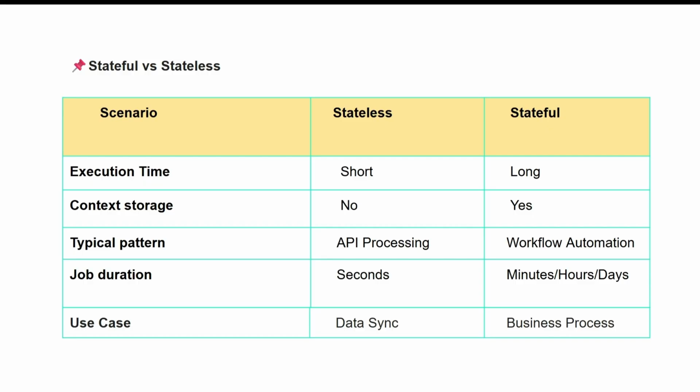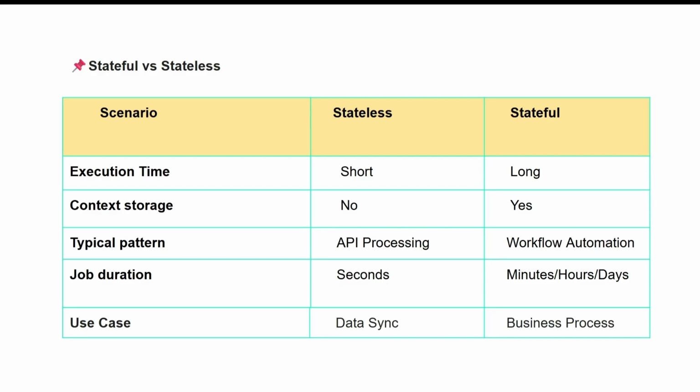I will explain this through a recipe in Workato after we finish these comparisons. Job duration for stateless is in seconds, while stateful starts with minutes or maybe more, it can be days as well. For use case, typically we use stateless for data sync, and in stateful we go for a business process.